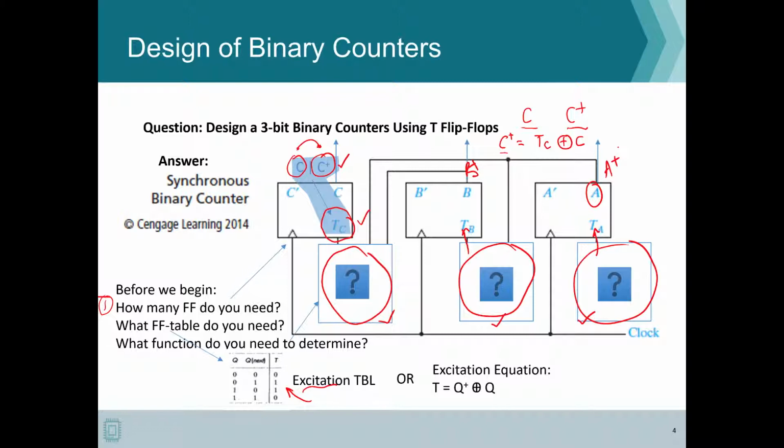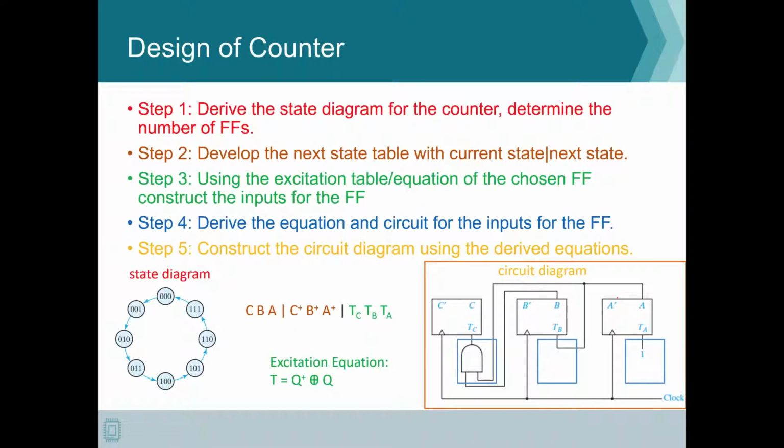In design, you are given C and C+, B and B+, and A and A+, and you are expected to come up with what the values of TC, TB, and TA would be, and thereby figure out what these circuits are in order for them to happen.